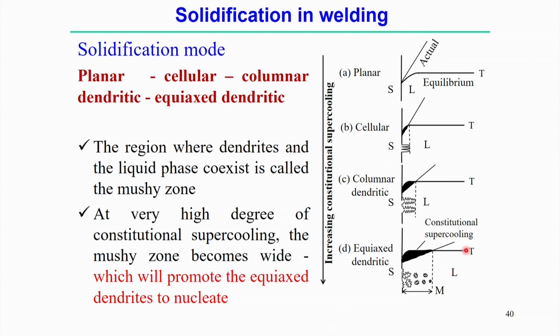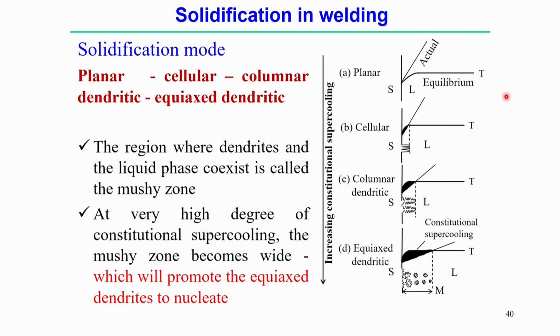Graphically, you can see the vertical line, the solid liquid interface, and the equilibrium temperature curve, and this represents the actual slope. In the curve of distance versus temperature, the equilibrium temperature and the actual slope do not interfere with each other.